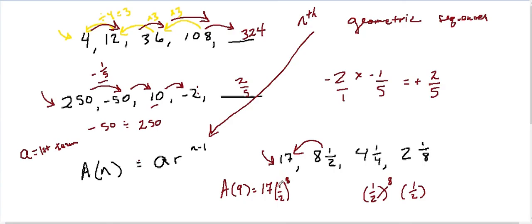That means the value of the 9th term is 17 times 1 over 256. So 17 over 256 equals a sub 9.